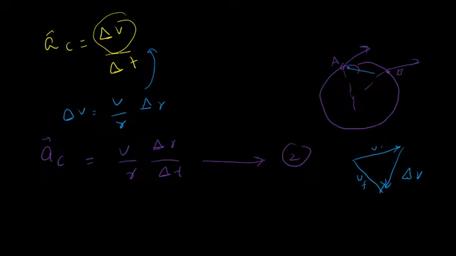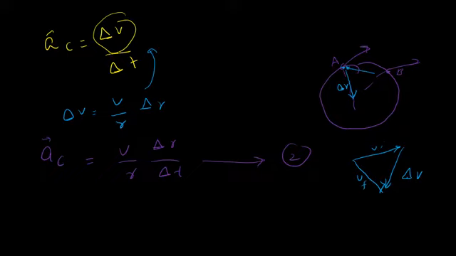When the change in velocity points towards the center of the circle, the acceleration is also pointing towards the center of the circle, as acceleration is always in the direction of the change in velocity.